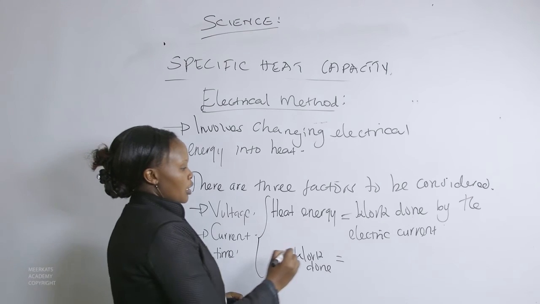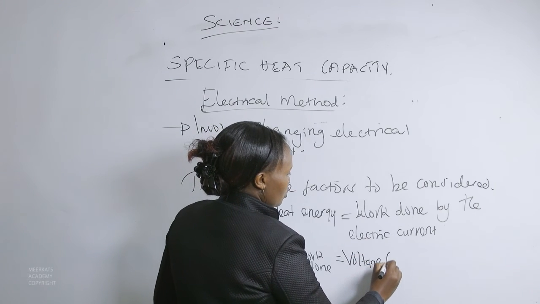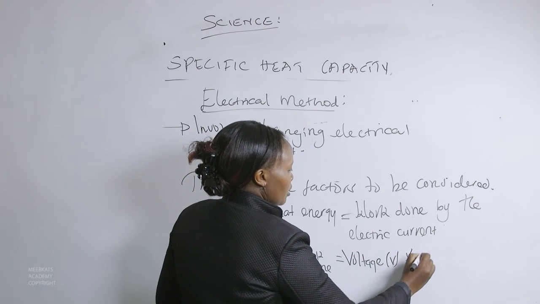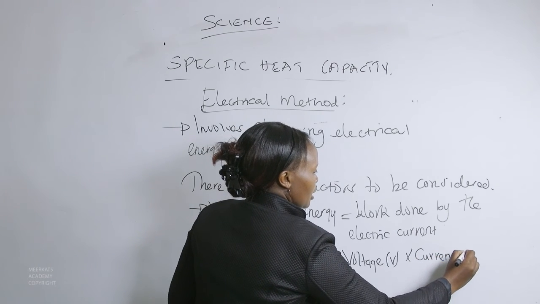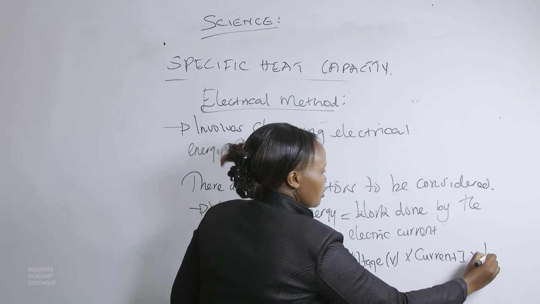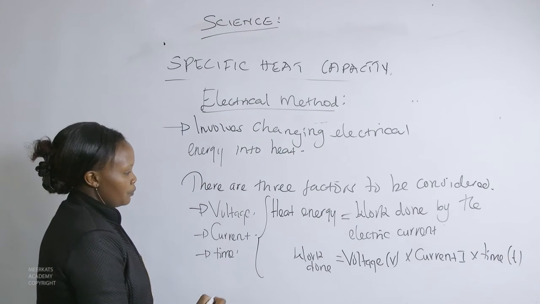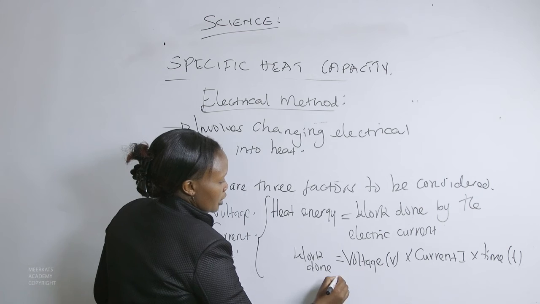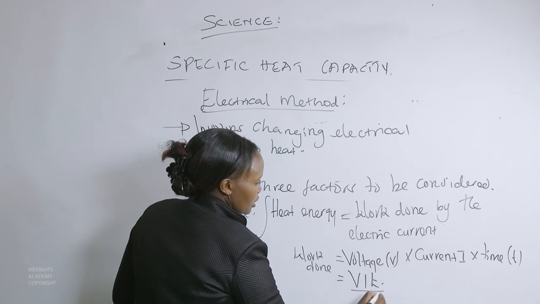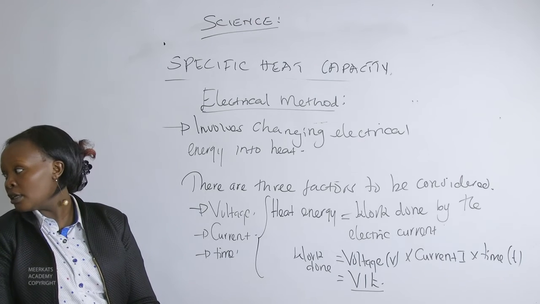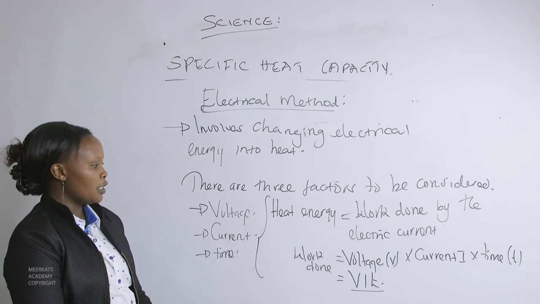So therefore, it is voltage, which we are going to call V. We multiply by current, which we are going to call I, and time, T. Therefore, work is given by V, I, T.